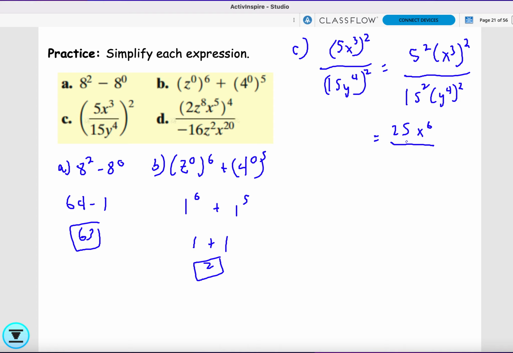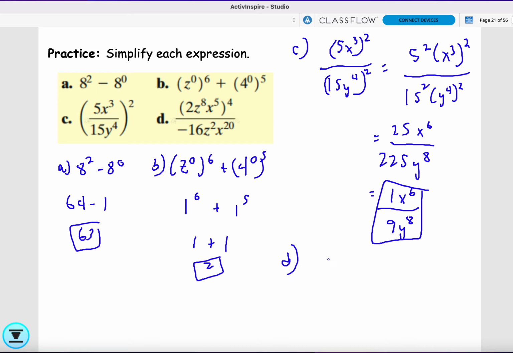Then 15 squared, 15 times 15, I think it's 225. Yes, it is. So it'll be 225 over here. And then y to the 8th, because it's 4 times 2. Well, 25 over 225 is 1x to the 6th over 9y to the 8th. And we're done.